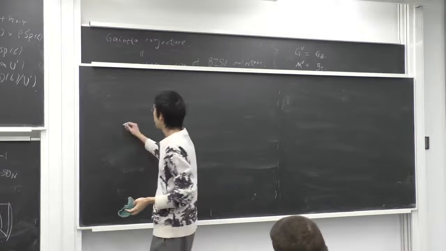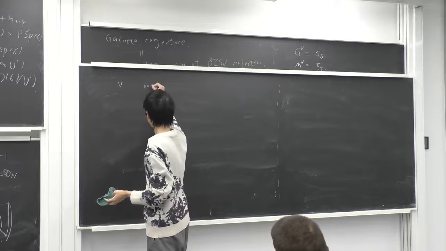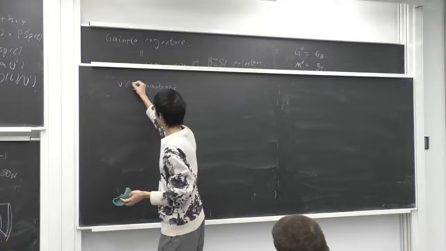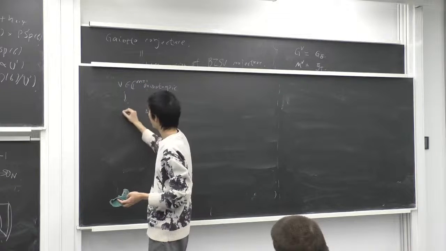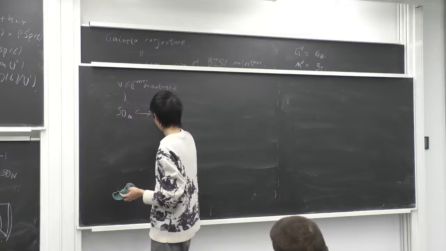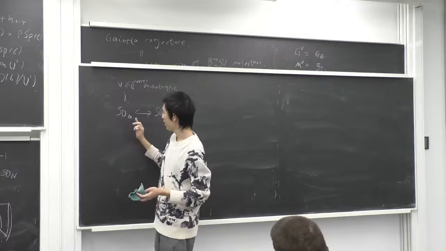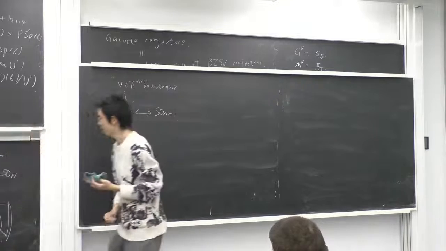Yeah. So if you are given an isotropic vector belonging to C^{m+1}, then from there you can determine an embedding from SO(m) to SO(m+1). So in this way you can realize SO(m) as a subgroup of SO(n).